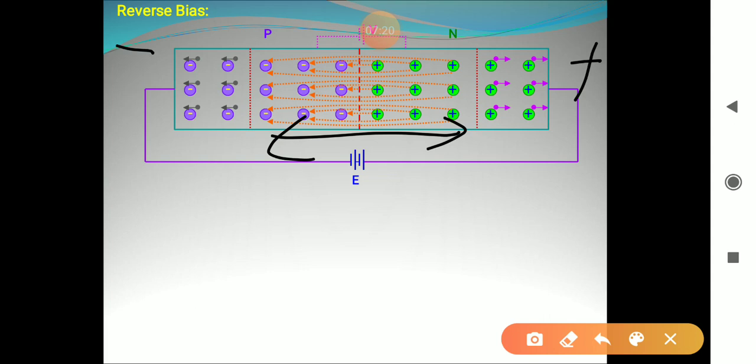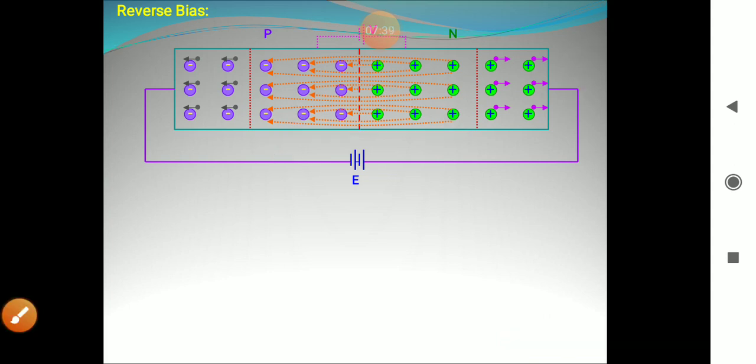And very few minority charge carriers can pass through the junction. So a negligible current of the order of microampere can only flow due to flow of minority charge carriers. But you can see the thickness of depletion layer.